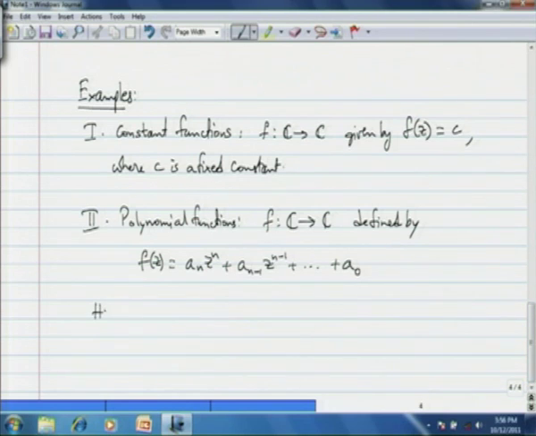So, here n is a non-negative integer. It could be 0. And a n, a n minus 1, etc., until a 0 are complex constants.